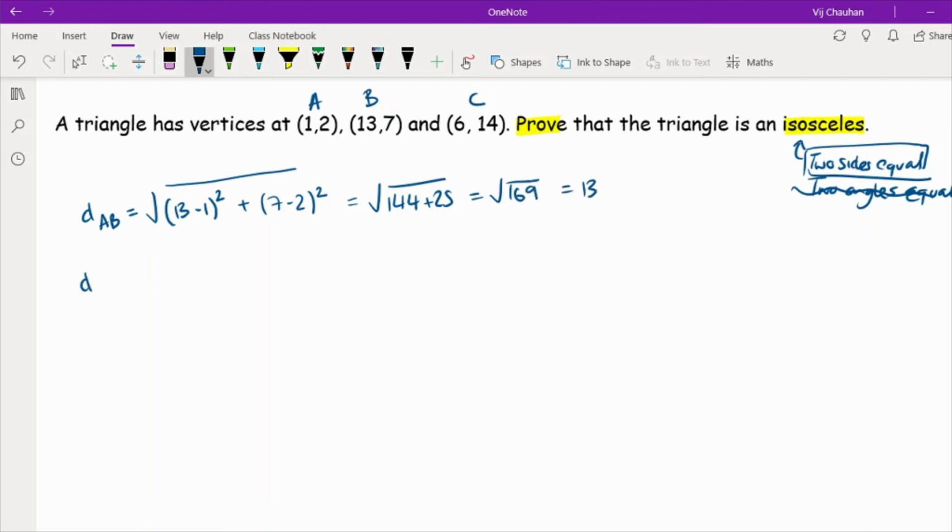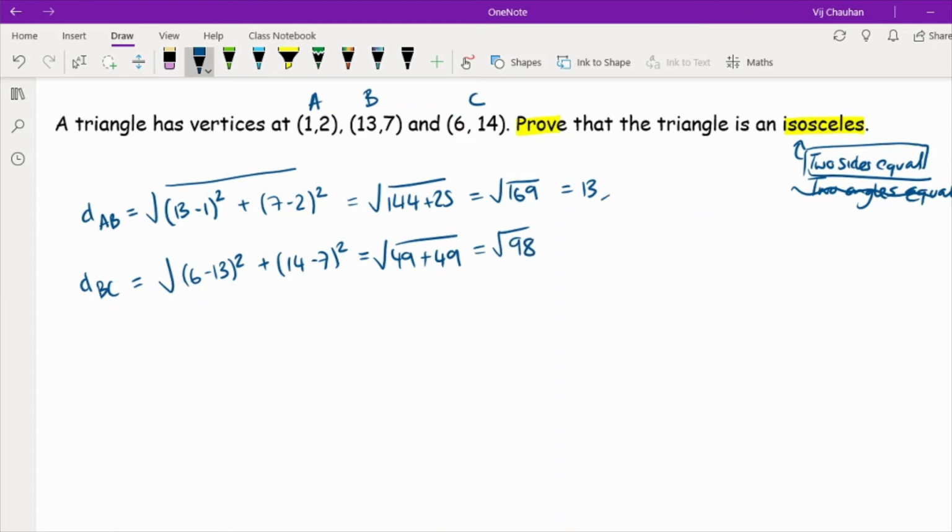I'm then going to work out the distance of BC, and again using the same formula, I'm going to end up with 16 minus 13 squared plus 14 minus 7 squared, which gives me 49 plus 49, which gives me the square root of 98.